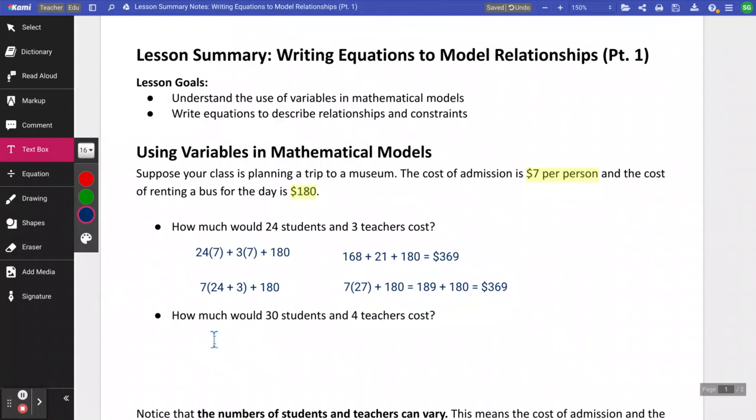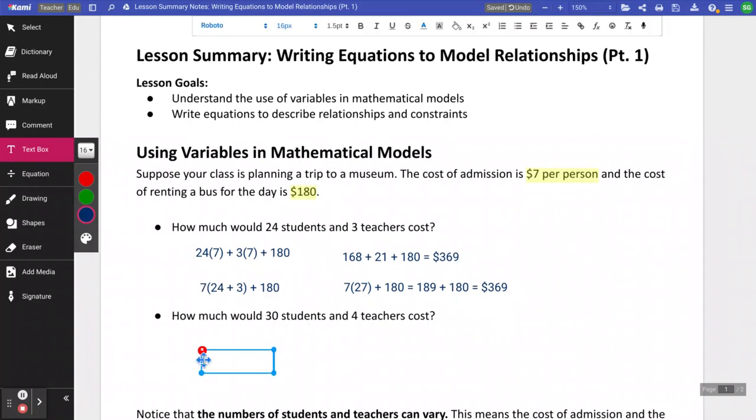For the other question, we can tackle this one similar to the first one. I'm going to use the second one if that's okay. So I would want to multiply my cost per person, that $7, by how many total people are going. Well, there's 30 students and 4 teachers. That means that total cost of admission would end up being 7 times 34, and 7 times 34 is going to give us 238.